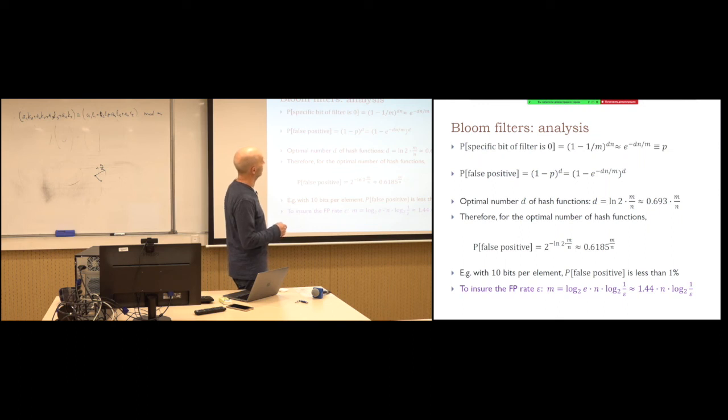So the probability that it's 0 is 1 minus 1 over m. Since there are d hash functions and n objects, we raise all this to the power of nd. This is the probability that, after inserting n objects, some specific bit is still 0. And this is approximately this, right?